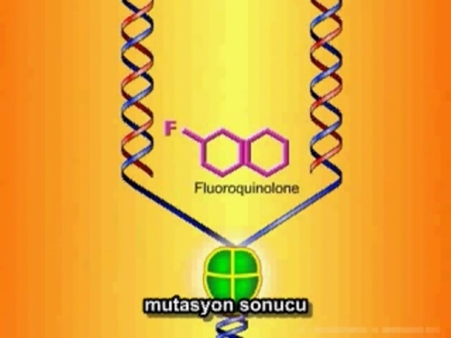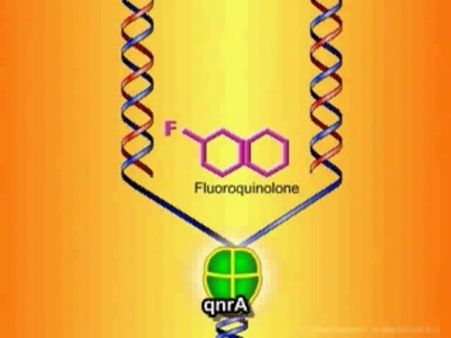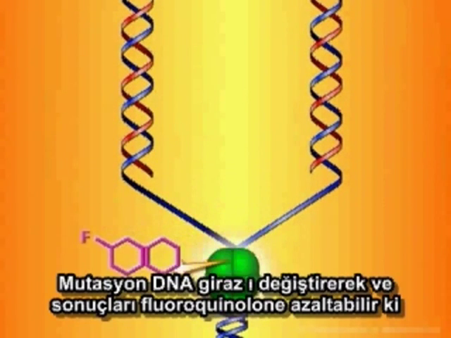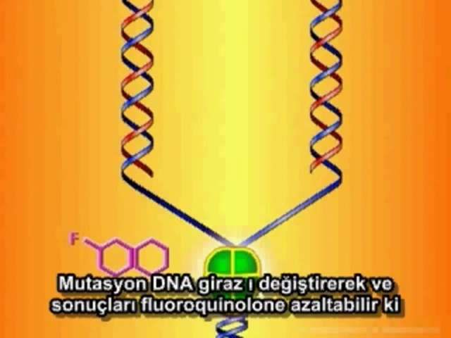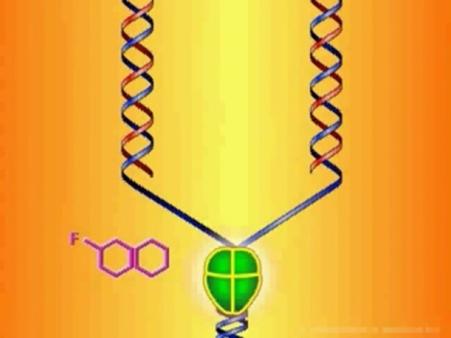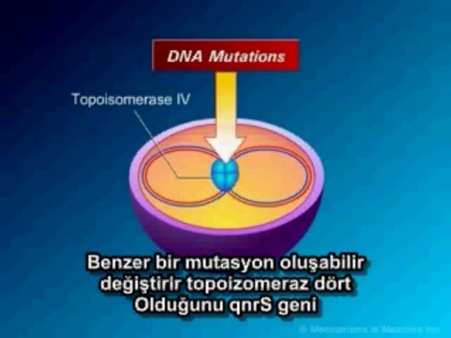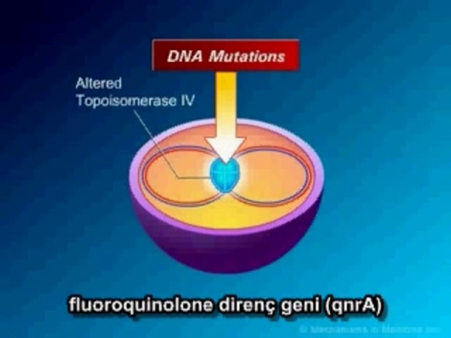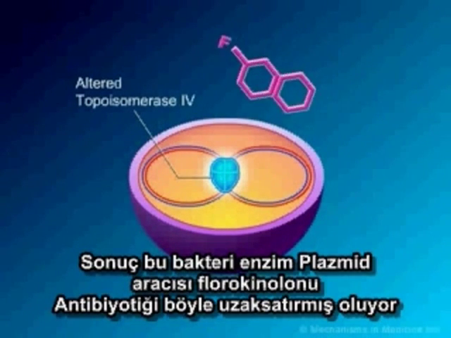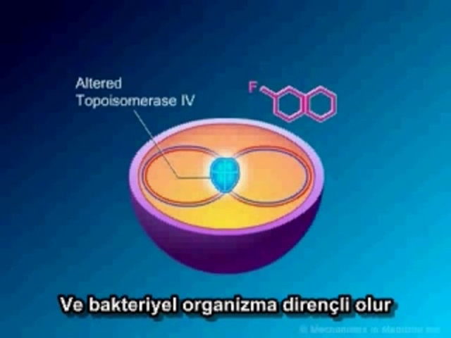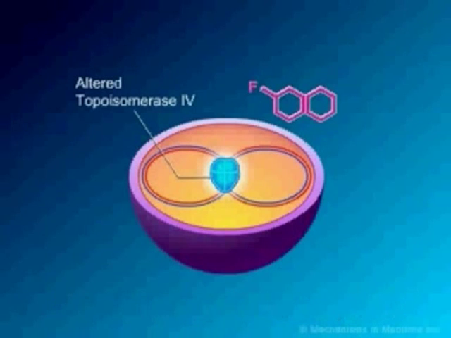If a mutation occurs, either in the GYRA or GYRB gene, that alters DNA gyrase and results in a reduced affinity of the fluoroquinolone antibiotic for this enzyme, the organism will become resistant. Similarly, a mutation may occur that alters topoisomerase IV, either in the PARC or PARE gene, and results in a reduced affinity of the fluoroquinolone antibiotic for this enzyme, and the bacterial organism will become resistant.